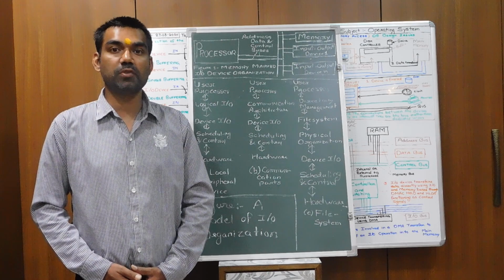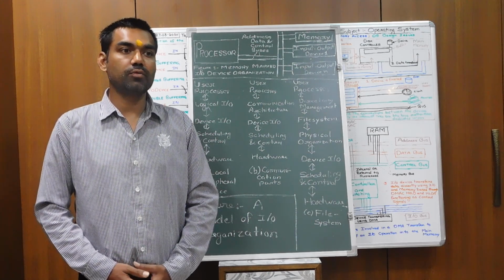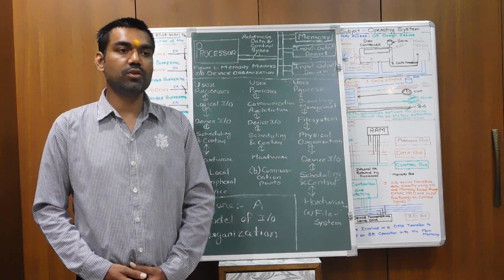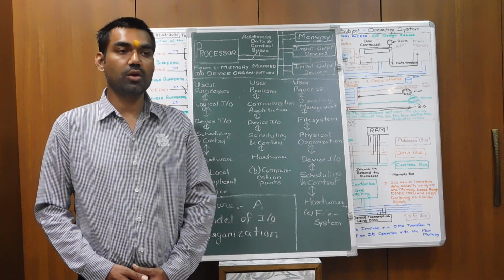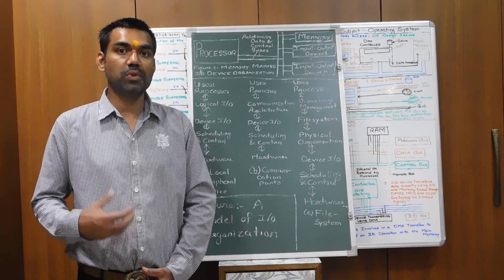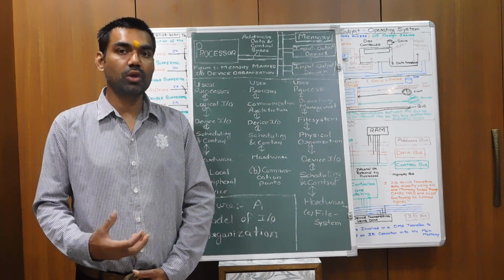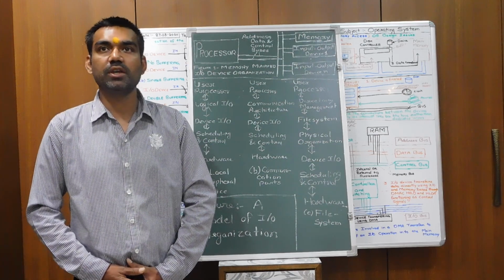A disk requires a firmer control. A lot of things are supposed to be done when you are considering a disk. So in terms of complexity, that which is utilized to control a device, there will be variation.